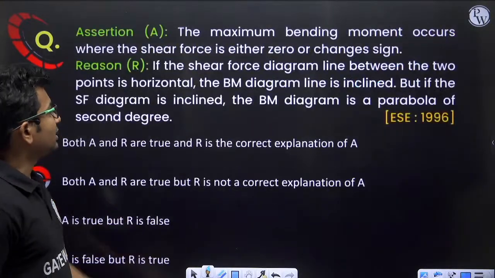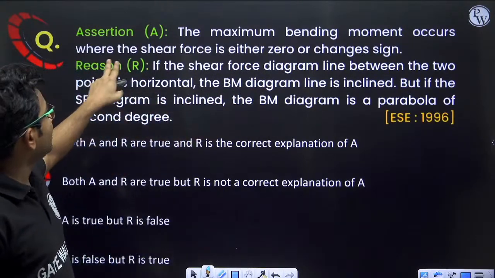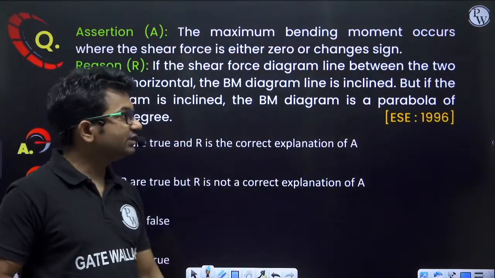Next. Assertion: the maximum bending moment occurs where the shear force is either 0 or changes sign.